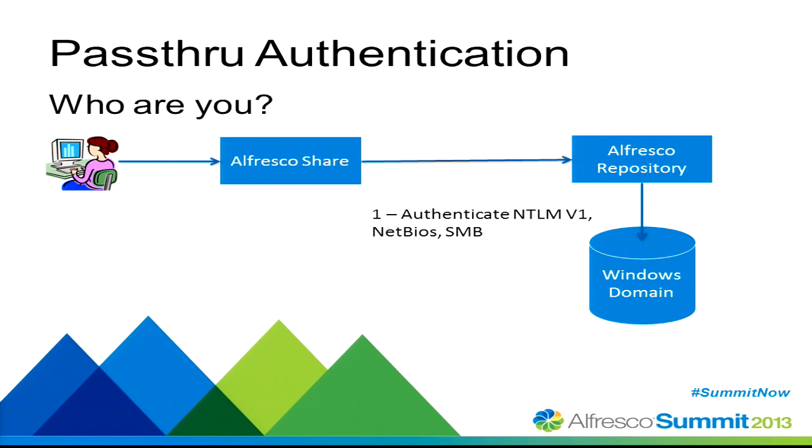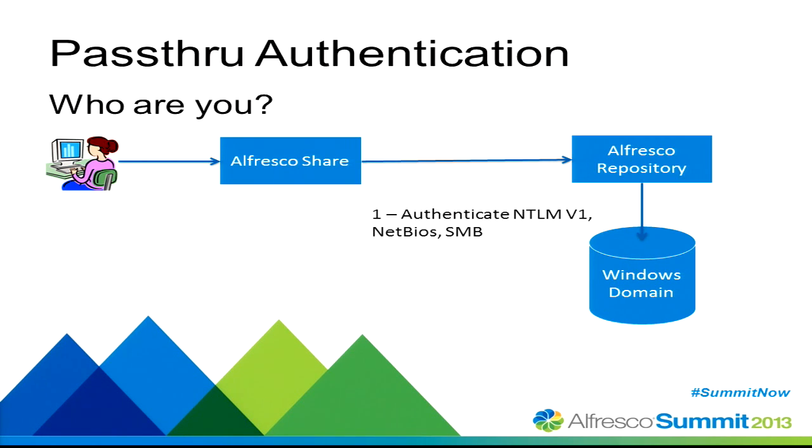So pass-through authentication is the second type on the list. Our user tries to authenticate with an Alfresco repository, and that's going to talk with your Windows domain, and it's going to do that by authenticating via a protocol called NTLM.